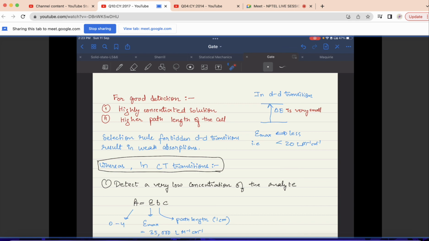Also, this dd transition shows a less intense color because of the selection rule forbidden dd transition. This results in a weak absorption.